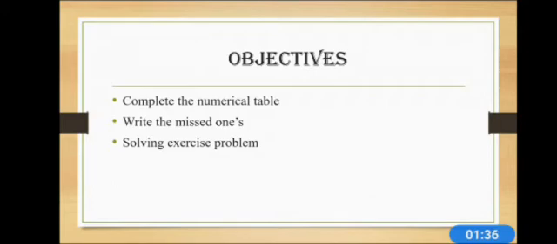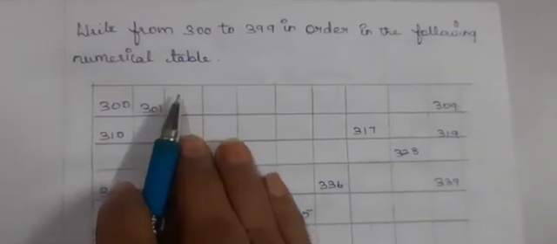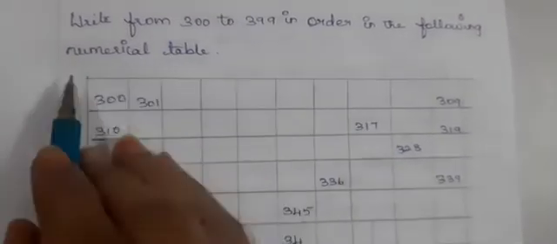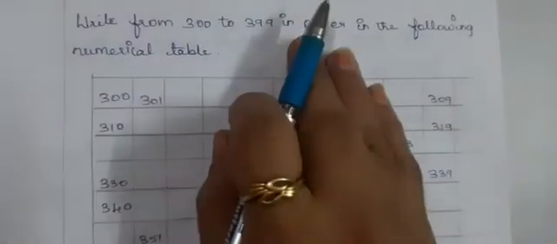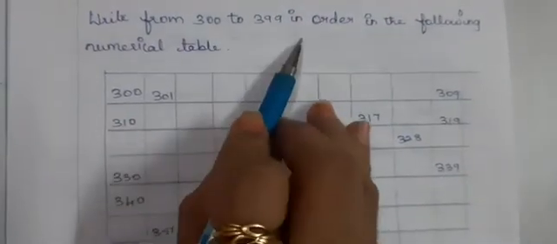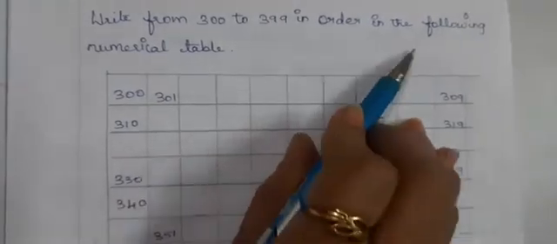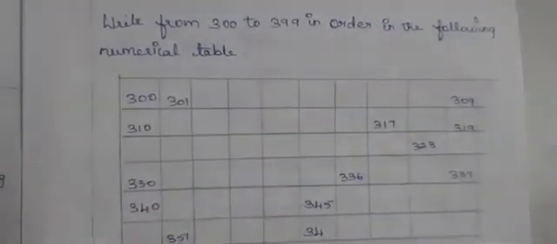In the table they would have given a few numbers and they would ask us to fill in the missing numerals. Take page number 24 in your mathematics textbook. They have given a heading like this: write from 300 to 399 in order in the following numerical table.